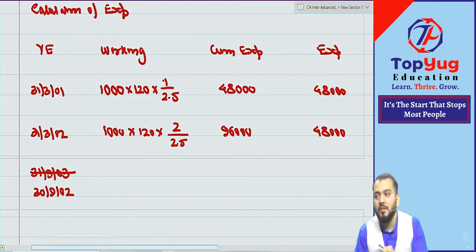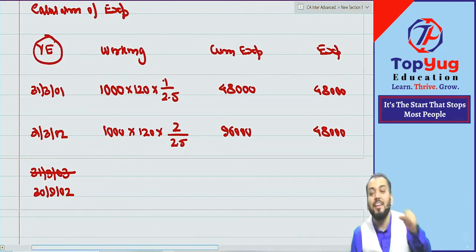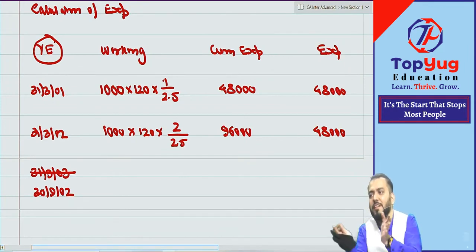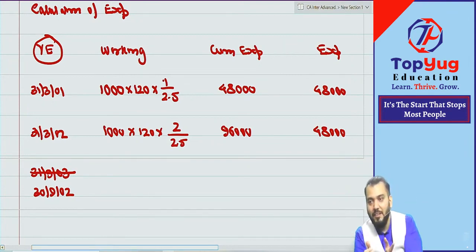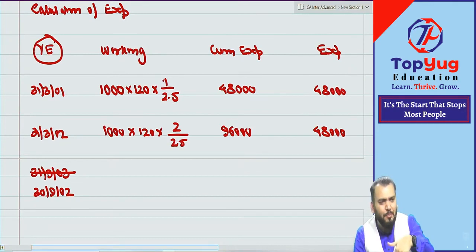But you can see I have written year end. 30th September is not year end, but marks will not be deducted. I am just explaining that you are calculating expense for that particular year. Year means 12 months. Are you able to understand what I am saying? For this point, they will not deduct marks, whatever you are writing.